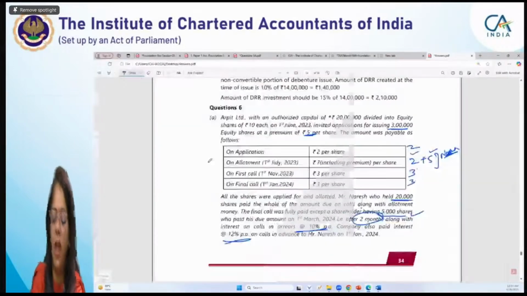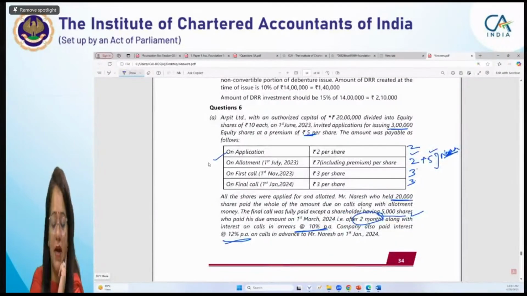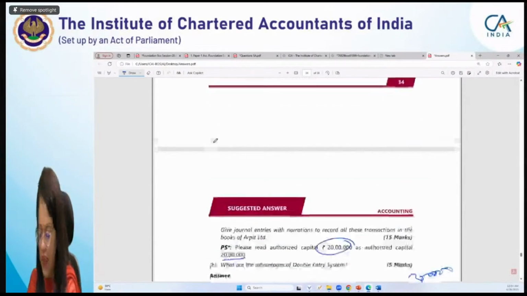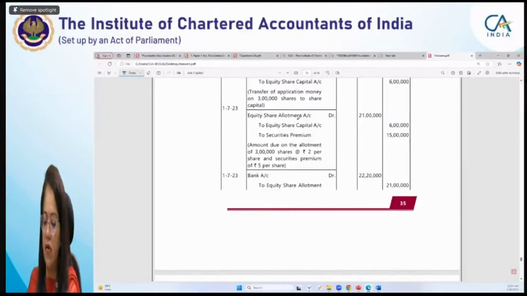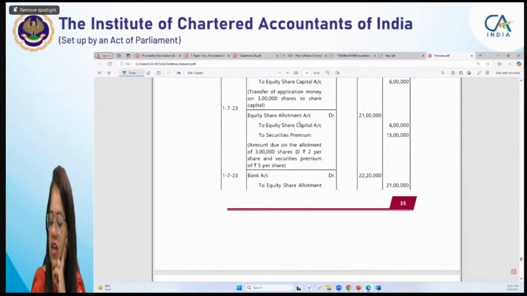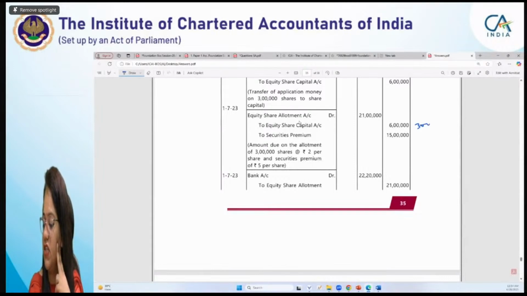So for the application amount, it's already simple. Bank to equity share application. For allotment, first we will make the entry. Equity share allotment account debit to equity share capital and security premium. 3 lakh shares into 2, 6 lakh, and 3 lakh shares into 5; 5 is the security premium amount.